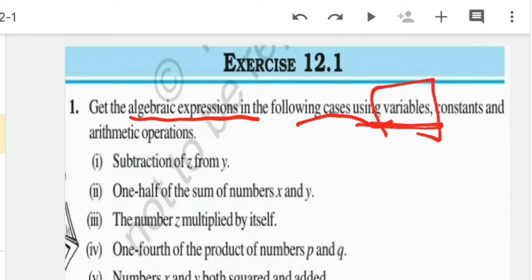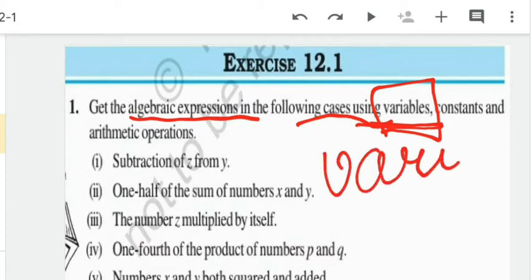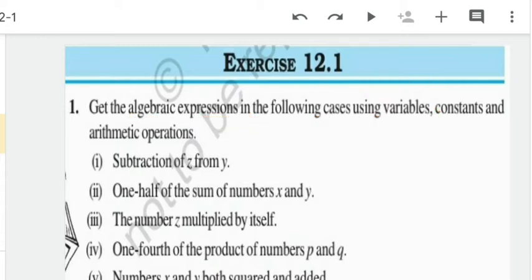Now first of all we have to recall what is a variable. Variable means whose value is not fixed, whose value is varying. Now the second thing is, what is a constant?